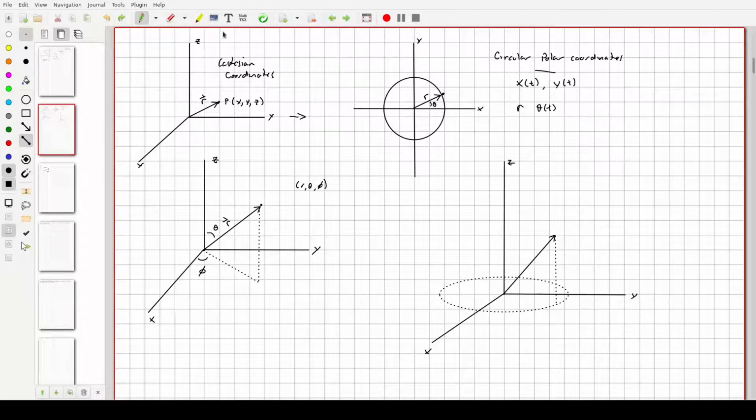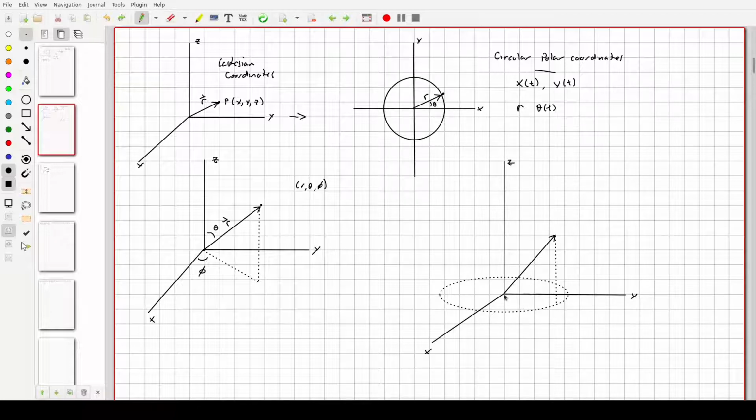Now, so typically where you see cylindrical coordinates used is when you have something that moves around in a circle, but also moves up and down like a helix. Later on, we'll be talking about magnetism. That's University Physics 2, and this is the type of coordinate system that you would use when you deal with stuff like that.